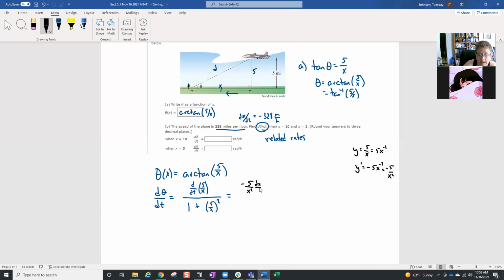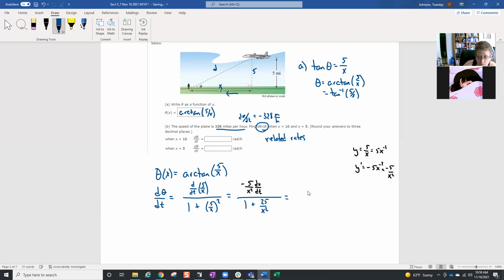However, remember x is also a function of time, so that will be times dx/dt. This was assuming x is our variable, but we want the derivative with t as the variable. So we'll have to multiply by that dx/dt. But we know what that dx/dt is.